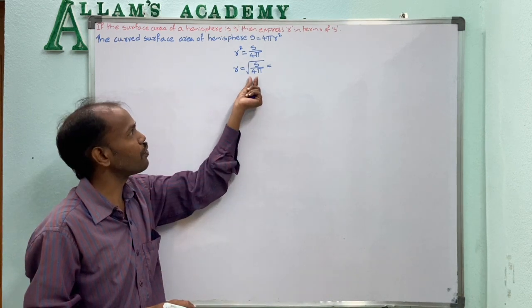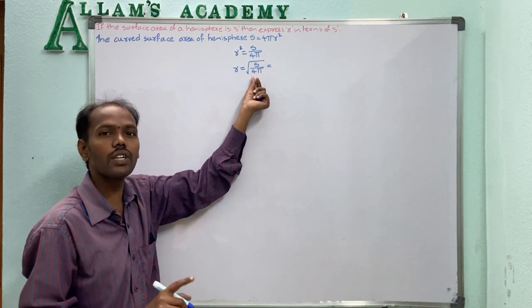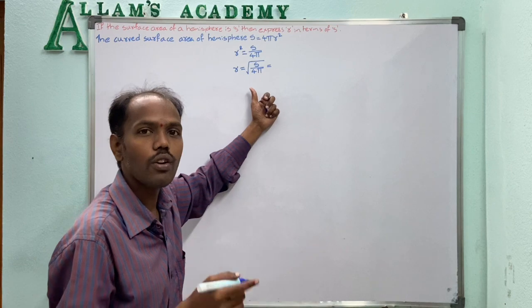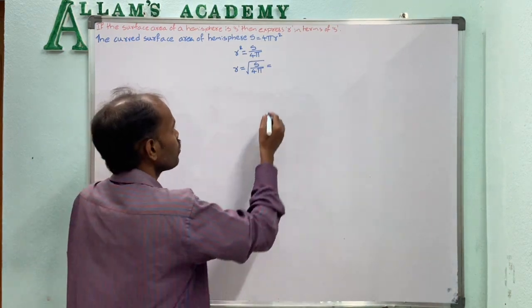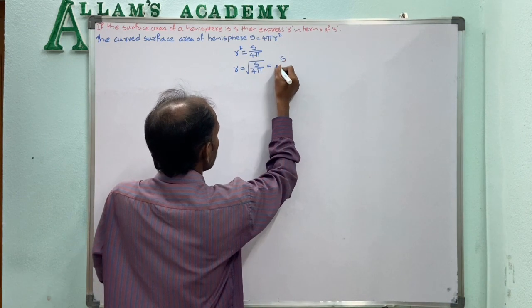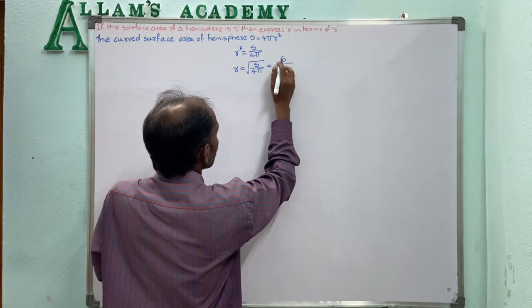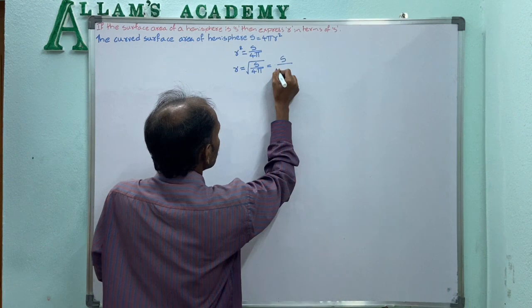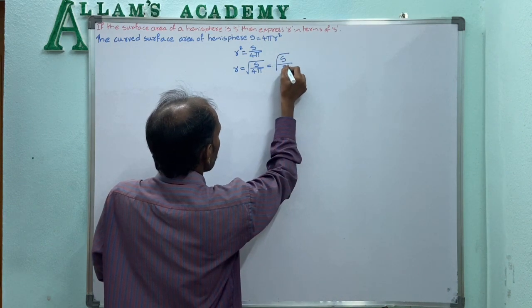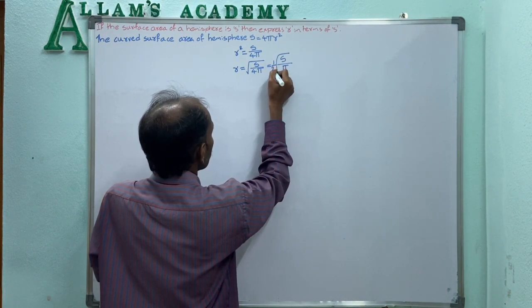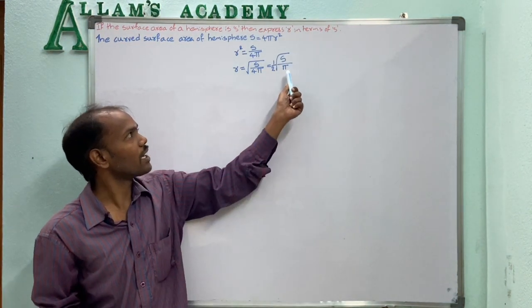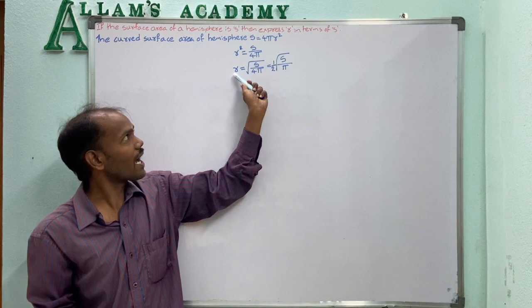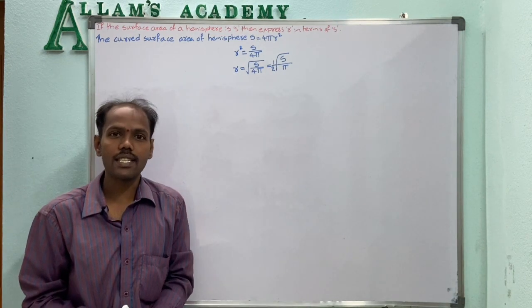Root 4 pi is in the form of root x into root y, that means root 4 into root pi. Root 4 is nothing but 2. So R equals 1 by 2 under root S by pi.